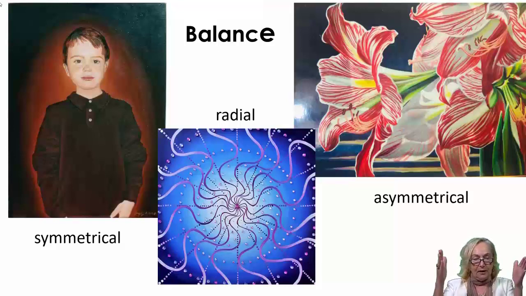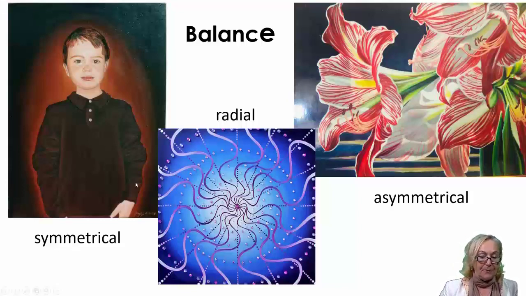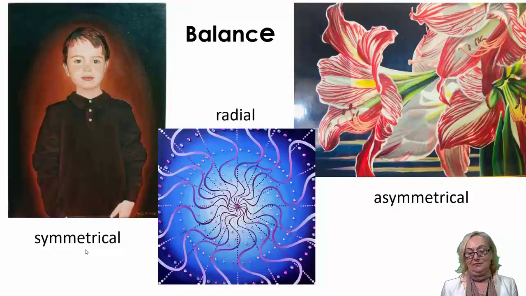Symmetrical tends to feel very stable and strong, as you can see with my portrait painting of this young boy. And I also magnified that feeling with the colors I chose, which happened to look really good on his complexion as well. And he's a very stable and stout young man, you can see.